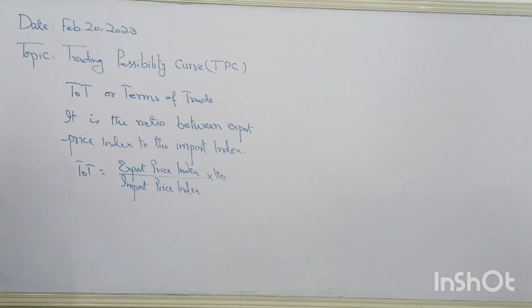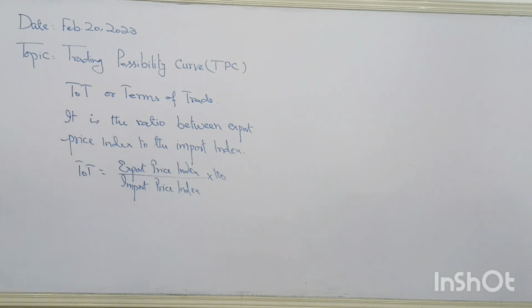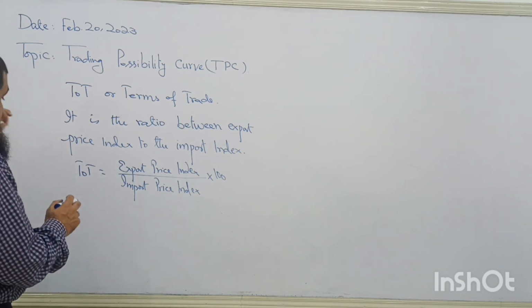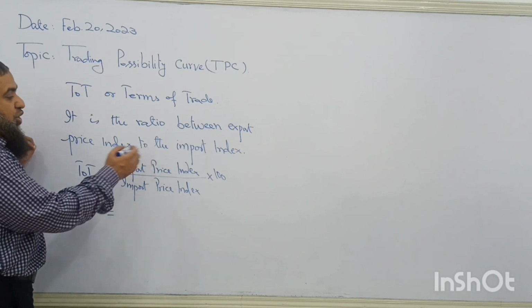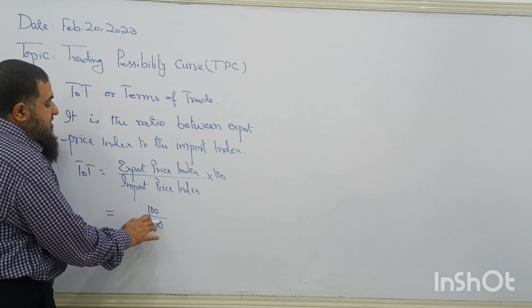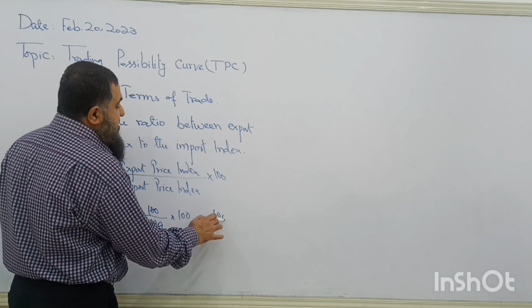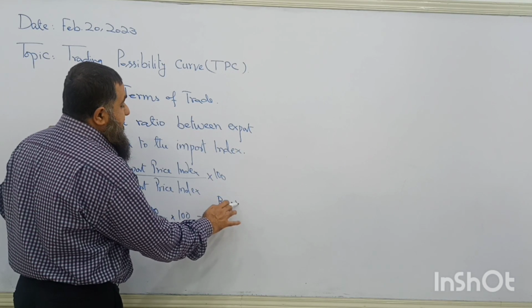So how many units of imports are financed by 1 unit of export of a country? For example, all the export prices are summed up to 100 as average, and this is also 100. So base year TOT is 100. This is the base year.